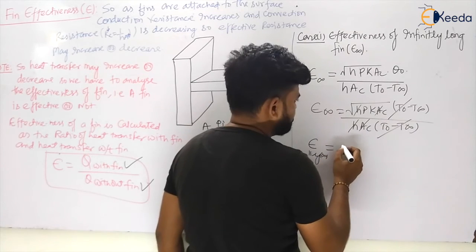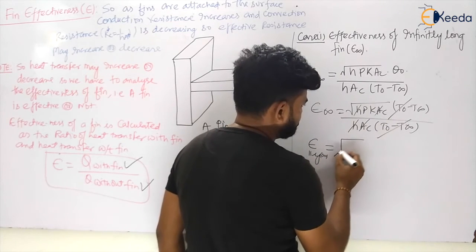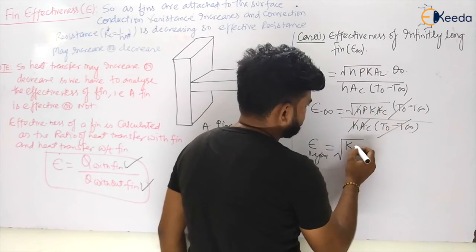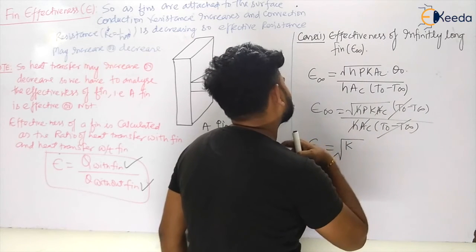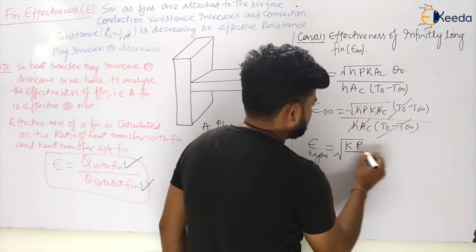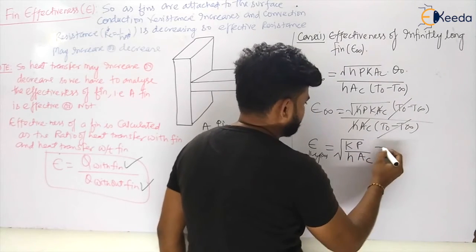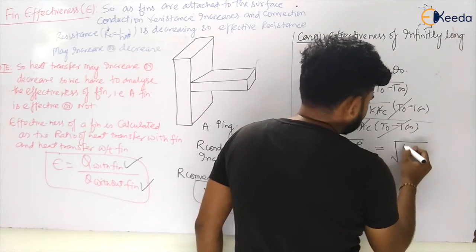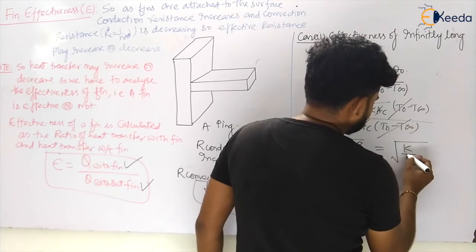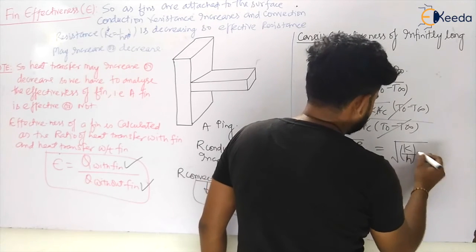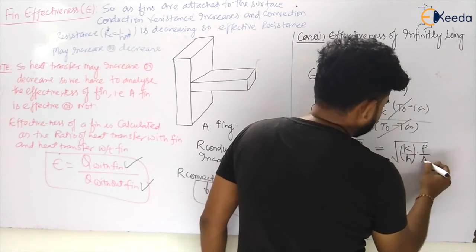The infinitely long fin effectiveness will be given by under root of k P divided by h A_c. Or we can write under root of k by h, like a critical thickness, multiplied by P by A_c.